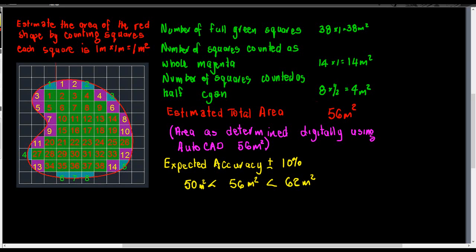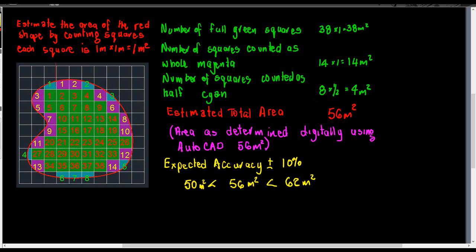You could have 0.1 of a square, 0.2, 0.5, 0.7, just a rough estimate. That might give you a slightly more accurate reading, but generally the way that I've done it here is fairly reasonable. And in this case we've got 56 square metres. How you use the squares to estimate the area is totally up to you, and if you want to apply a bit more science to it, go ahead, not a problem.